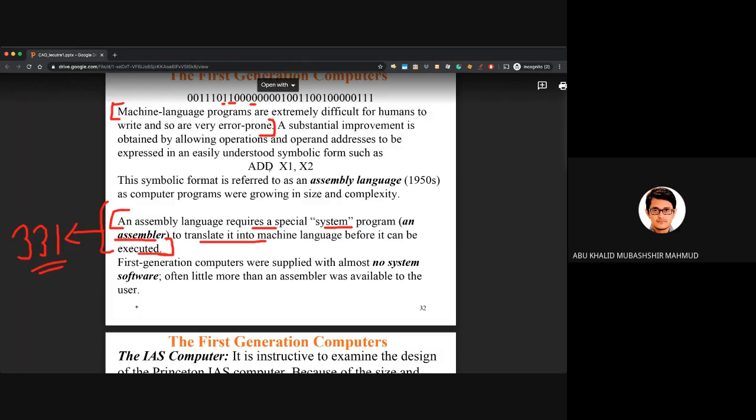So I am not going to discuss in detail what the input and the output are. We are just trying to figure out the working procedures and improvements of the first generations of computers.